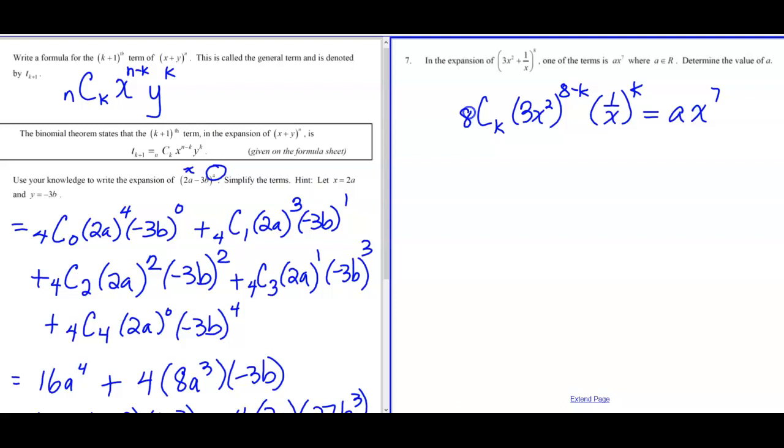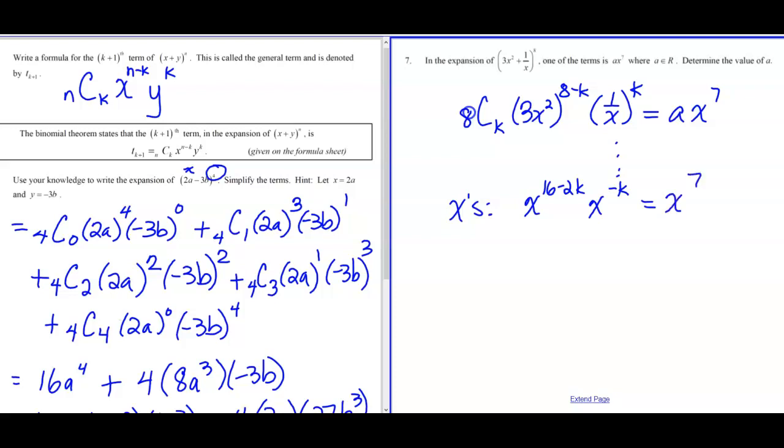I just care about the x's. So dealing with the x's, x squared to the 8 minus k is x to the 16 minus 2k. This is x to the negative 1, so that's the same as x to the negative k.